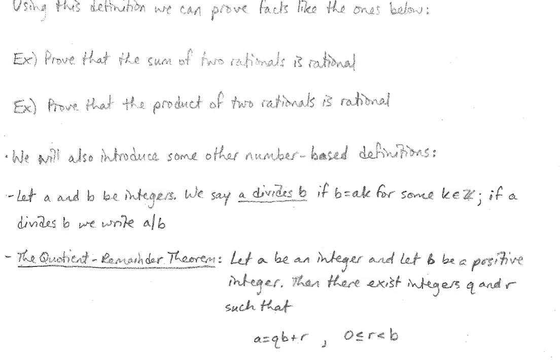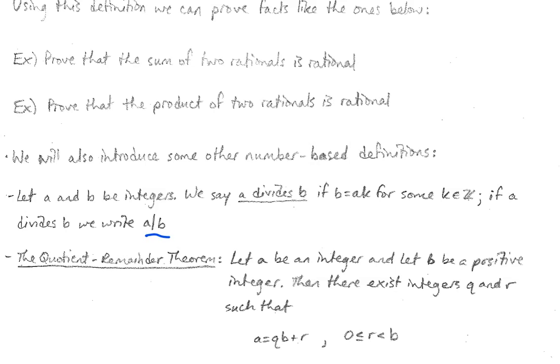So b is divisible by a, or a divides b, both saying the same thing. And what they're saying is that b is equal to a times k for some integer k. If a divides b, we have a special symbolization for that. We write a and then a big vertical bar and then b.